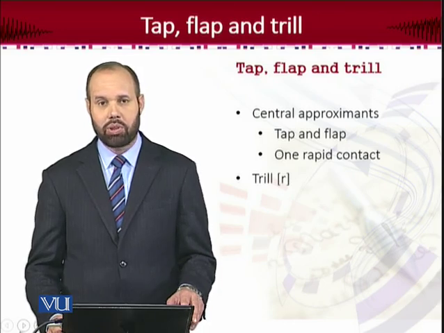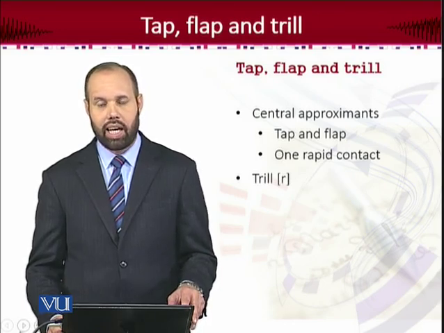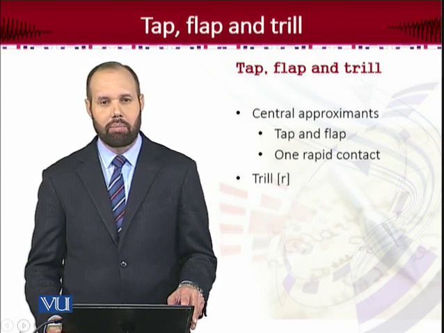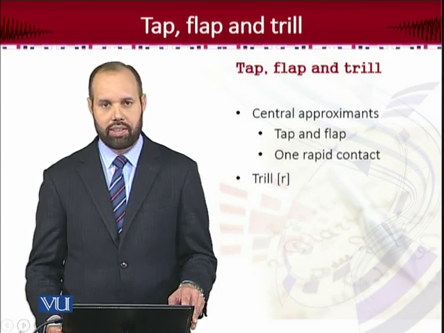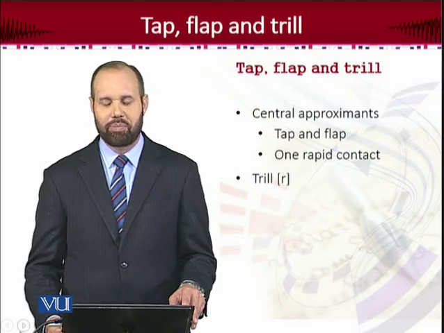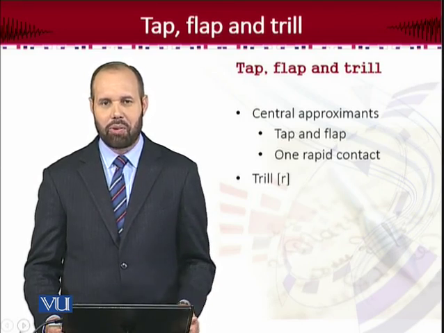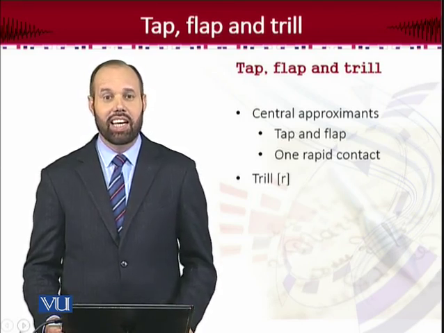The basic difference between a tap and a trill is that the tap is one single contact, but in the case of a trill, it is the tip of the tongue which is set in motion, right? That's the muscular activity when the tip of the tongue is set in motion, and there is continuous vibration. For example, I can show you this by pronouncing this r sound continuously, like r.